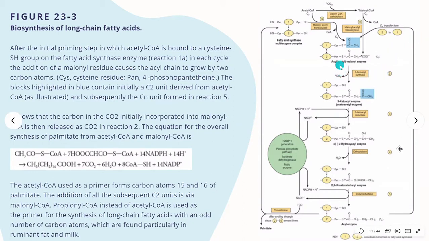Let's look at this chart. Now you have two enzymes, I mean two polypeptide chains. That is one there and the other is this one. So you see 1, 2.